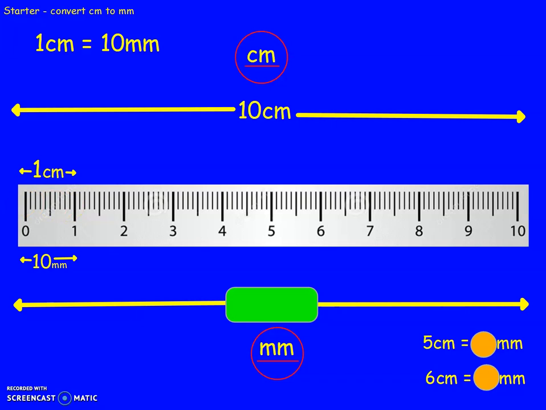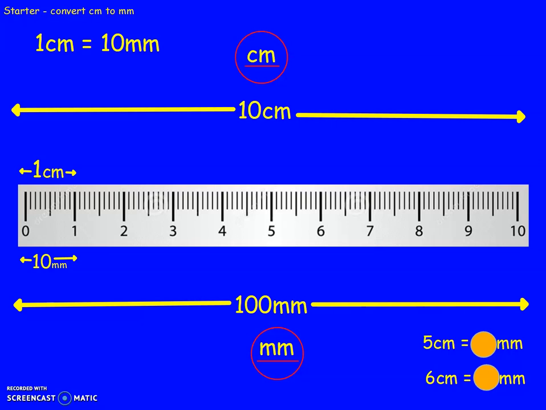So how many millimetres is the full ruler? We've got 10 centimetres and each centimetre is 10 millimetres. To work that out, we would times 10 centimetres by 10 millimetres and that would give us 100 millimetres.